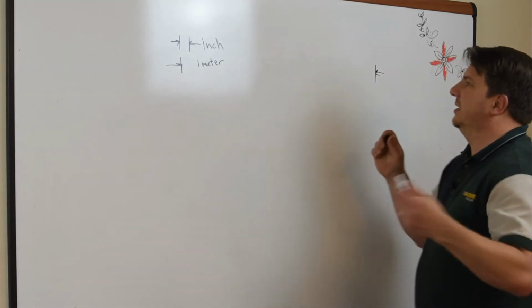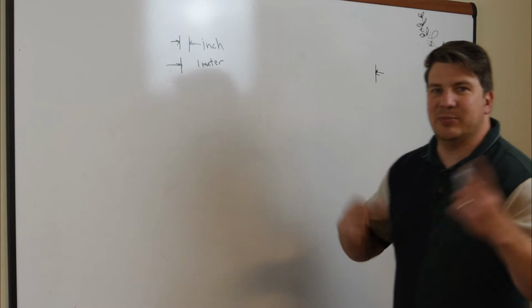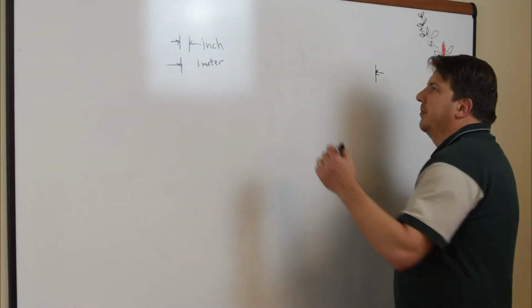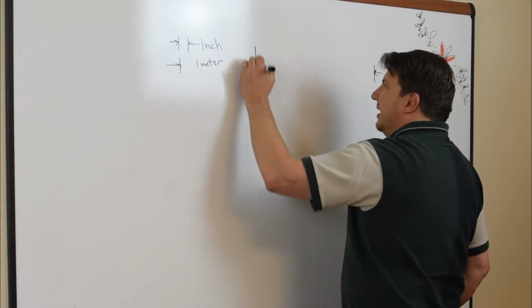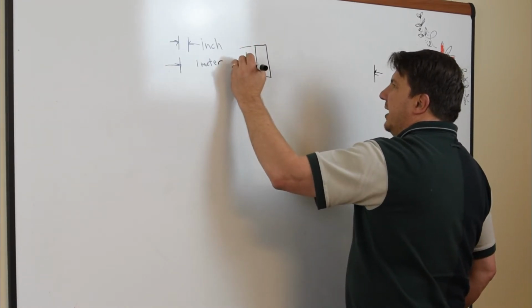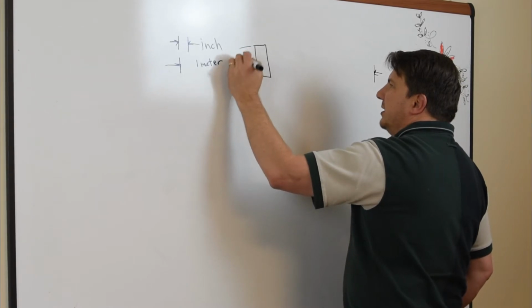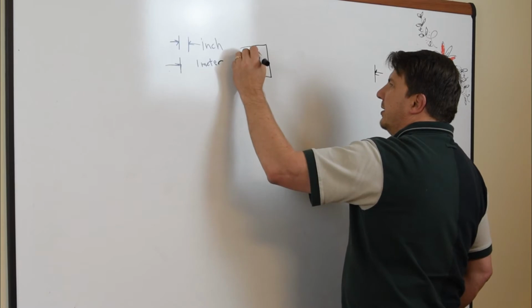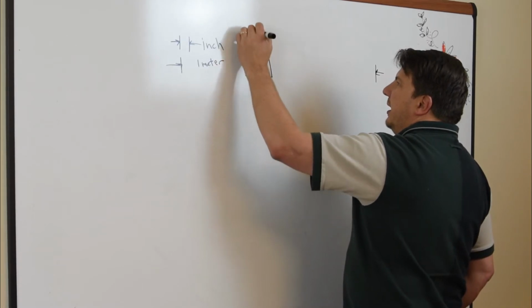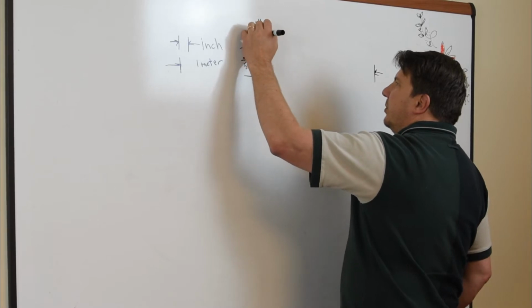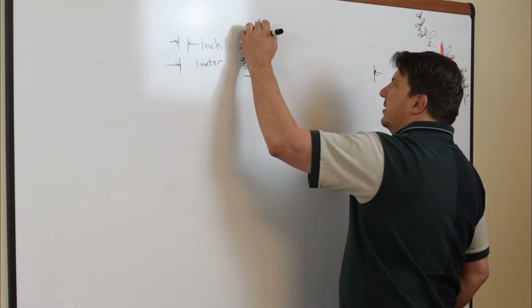Okay, so let's do an example of a typical calculation that I would do where I would prefer the English system. Let's just say I have a block here, and it's 2 inches high, which is about 50 millimeters. And the width is 1 inch, or about 25 millimeters.